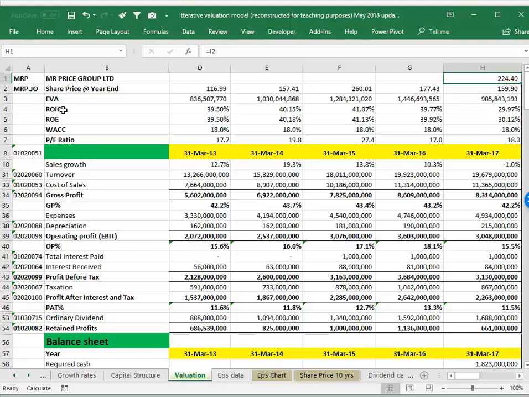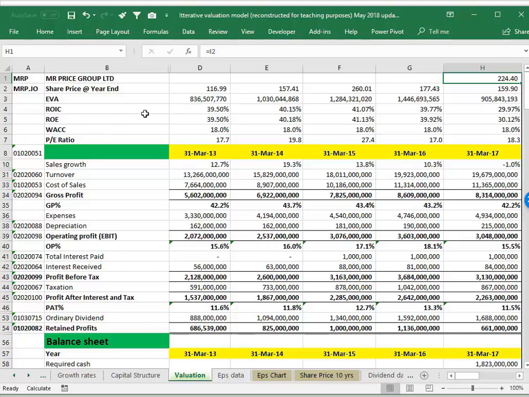The next ratio here is the return on invested capital, which was the advanced performance analysis that I did in the last module. Here's the return on equity, and here's our cost of capital.